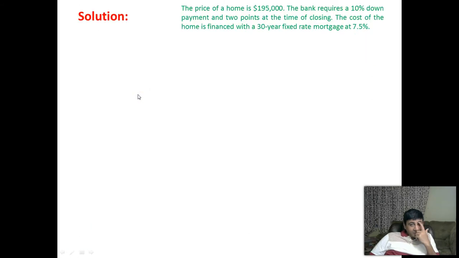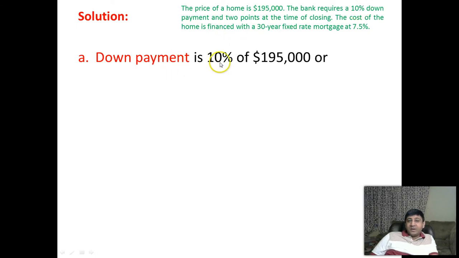First of all is the down payment. So $195,000, 10% down payment. So the down payment is 10% of $195,000. I told you when we did the percentage sections, "of" means multiplication. In other words, 10% in decimals means 0.1.